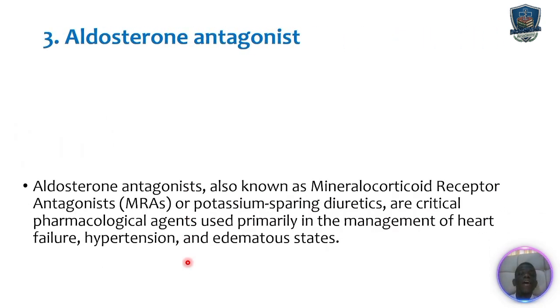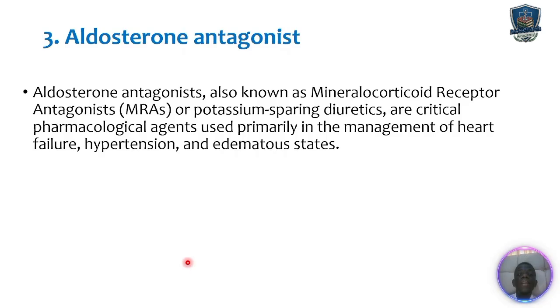Let's look now at our aldosterone antagonist. Now, I'm going to explain this well when you look at our next topic on diuretics. When we look at potassium sparing diuretics, I'm going to explain better how this happens. But remember, aldosterone is a very crucial hormone that's always released in the adrenal cortex.